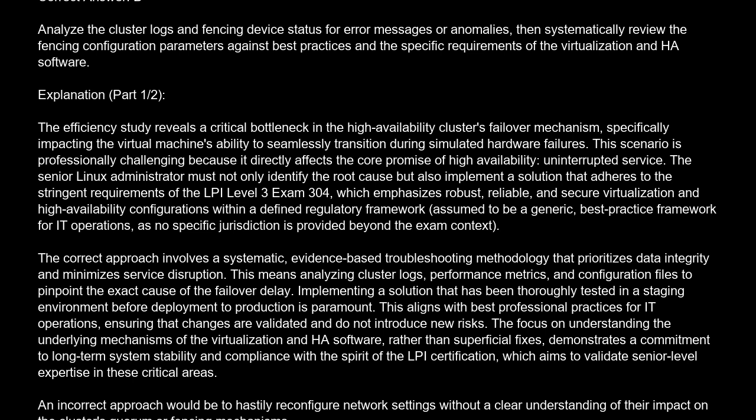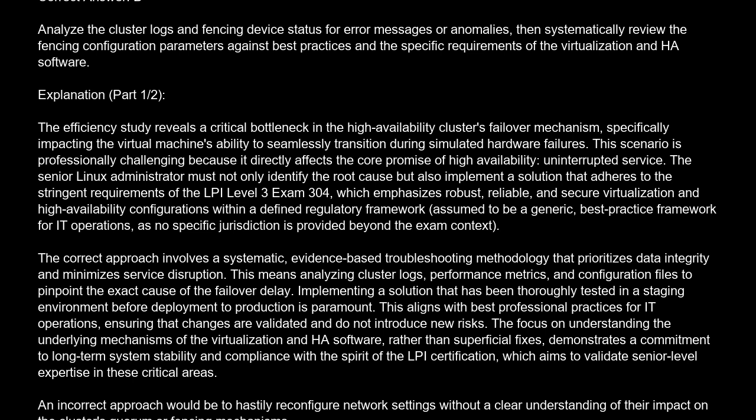Explanation. The efficiency study reveals a critical bottleneck in the high availability cluster's failover mechanism, specifically impacting the virtual machine's ability to seamlessly transition during simulated hardware failures. This scenario is professionally challenging because it directly affects the core promise of high availability, uninterrupted service.